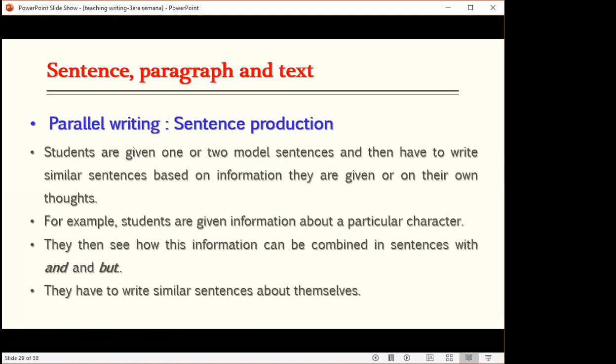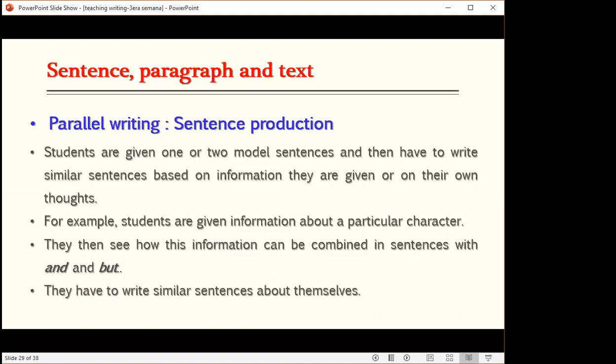Notice this is parallel writing, and they are producing sentences based on a model, because you have to give them some model sentences. They write similar sentences using the information given or their own ideas.